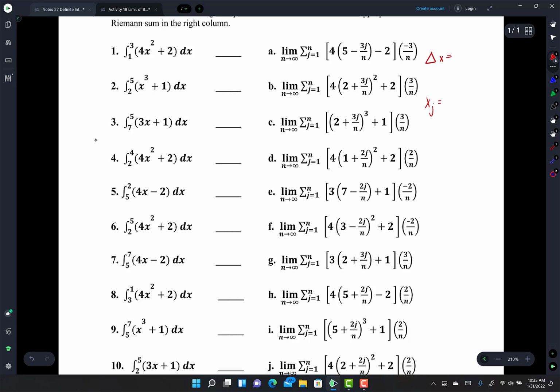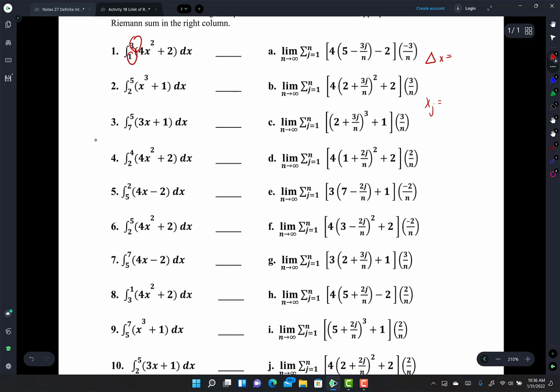Jirella, take it away. Okay, so first we're going to solve for the change in x, looking at the interval 3 and 1. We're solving for the Riemann sum. So going to number 1, look at the ending and starting intervals.